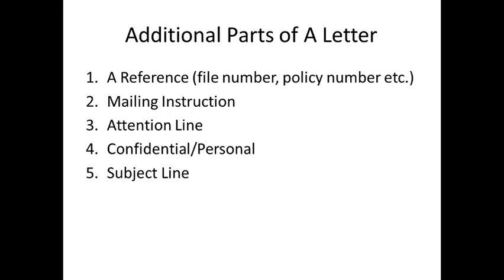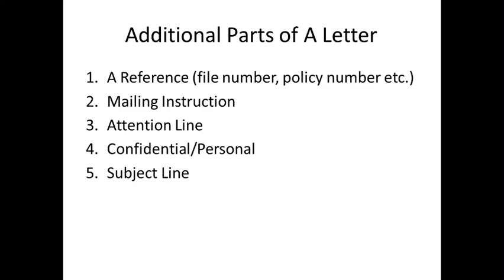So where comes the date line? First comes the heading, second comes the date line, and after the date line we can put a reference. Then mailing instruction, if any. We can add a notation showing service, which may be typed flush with the left margin 2 lines above the inside address.